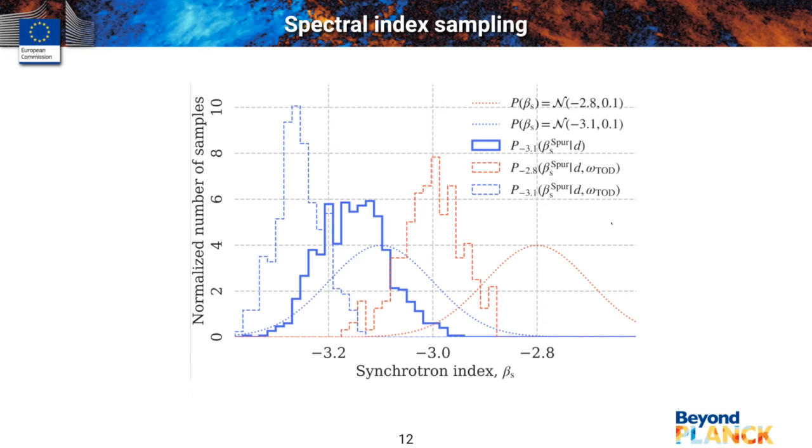So here the dashed lines show 2 separate runs with a stationary set of instrumental parameters. And the dotted lines are the priors that we apply to each of the colored runs. And the solid line here shows the full BeyondPlanck analysis, where we marginalize over all the TOD parameters.